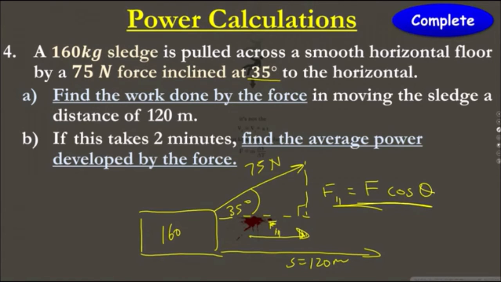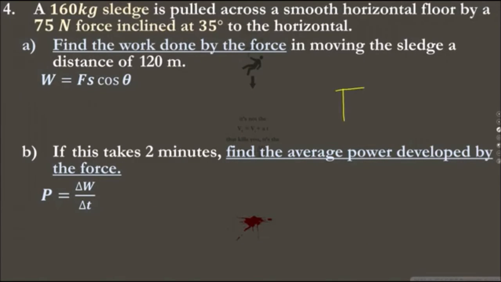Let's try and do this on the other slide. So redraw this again. This is what we're dealing with here. And our displacement is 120 meters. Okay, so I know what the force is. It's 75. Displacement is 120.